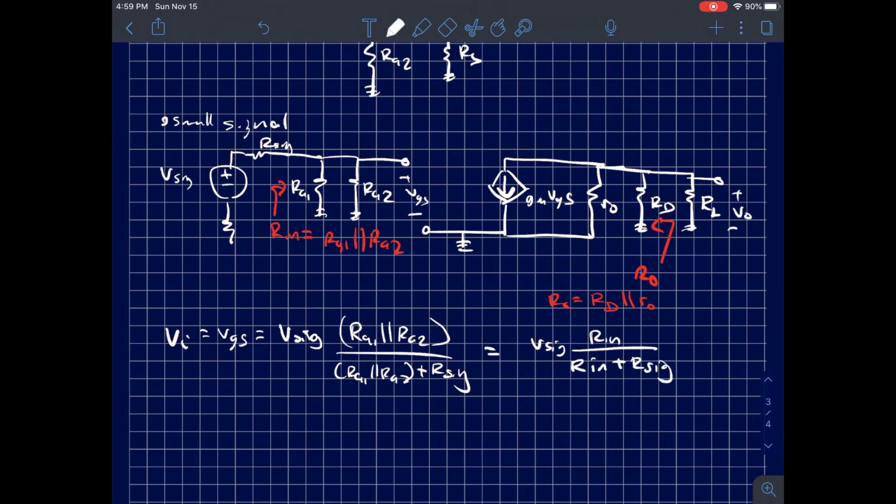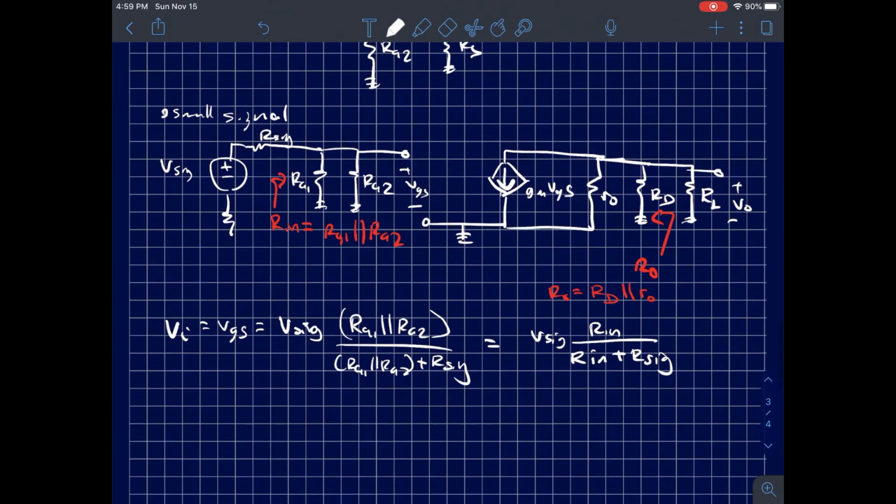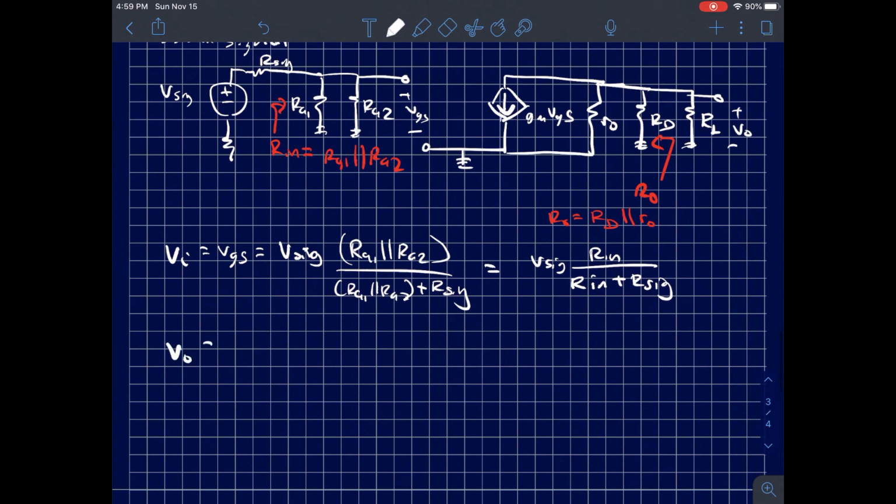So if the input resistance is large, then most of the actual input signal makes it to the MOSFET, the amplifier itself. V0 is equal to negative gm VGS times RD in parallel with RL in parallel with r0.